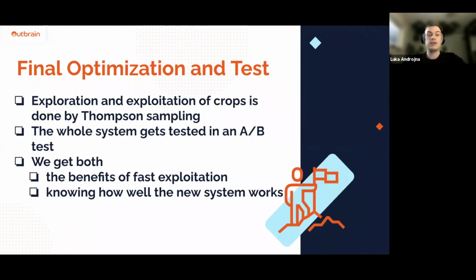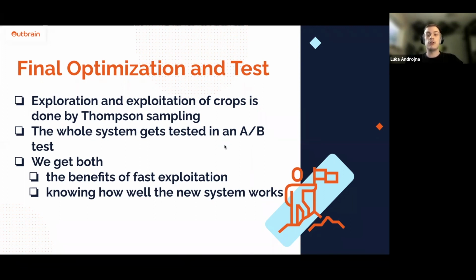How we did the optimization in the end is very simple. The optimization itself was implemented with Thompson sampling, which covered most of the problems that we had and wanted to go through.